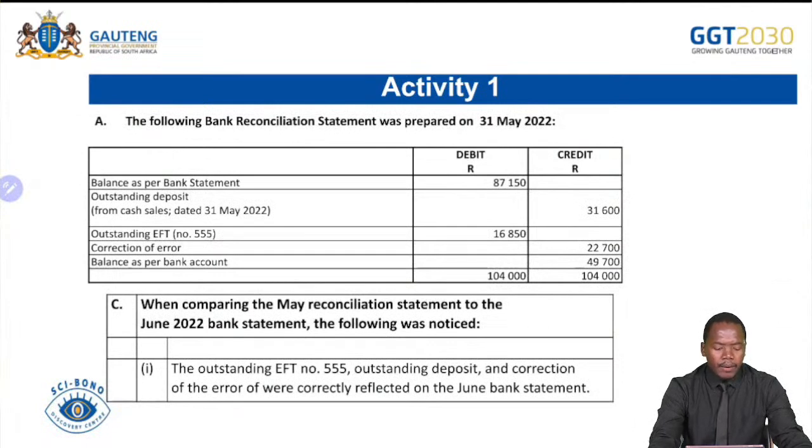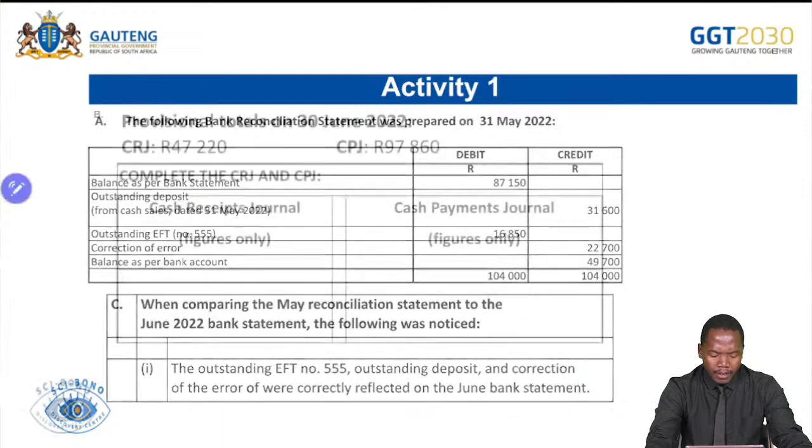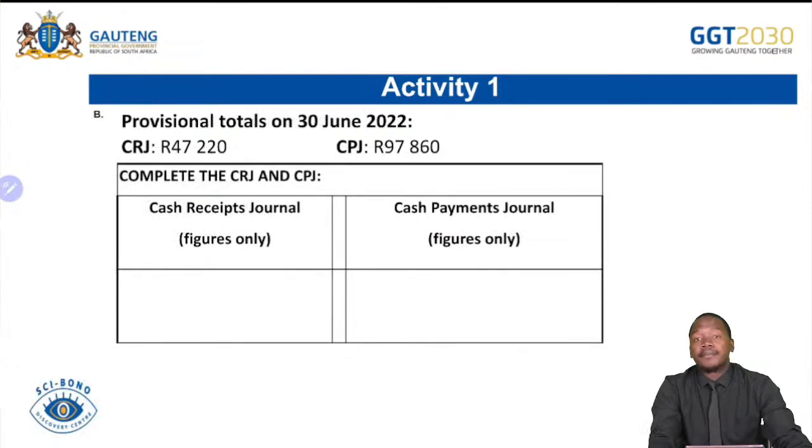Now, we're moving forward. The following bank reconciliation was prepared. This is the one for the previous month. Now, information C, we're having what we had earlier. Now, grade 12s, remember, for information B, the first thing that you start with when you do your cash payment, cash receipt, is to record your totals.